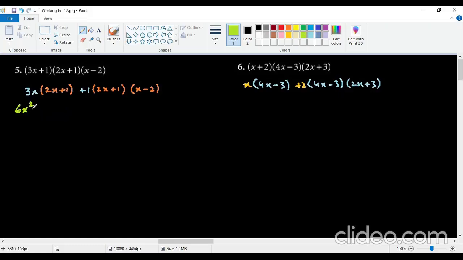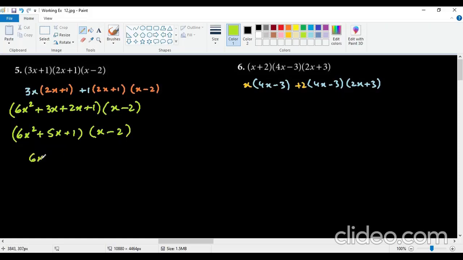And then plus 3x and plus 2x plus 1. This is going to be in the first bracket, and this has to be multiplied by x minus 2 later once we simplify the first bracket. So it's going to give you 6x square plus 5x plus 1, and then it's going to be multiplied by x minus 2.